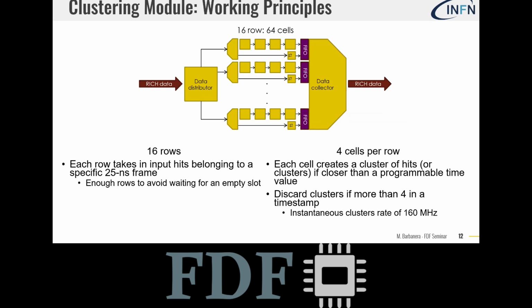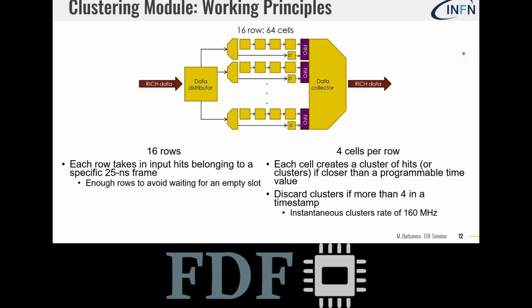This was mandatory to guarantee the throughput of 1 word per clock cycle of the gateway. Each row then consists of 4 cells that perform the actual clustering, and the clusters are merged together if their time is closer than a programmable time window.